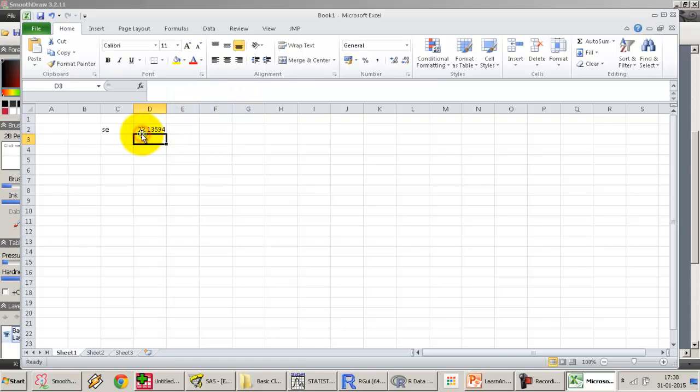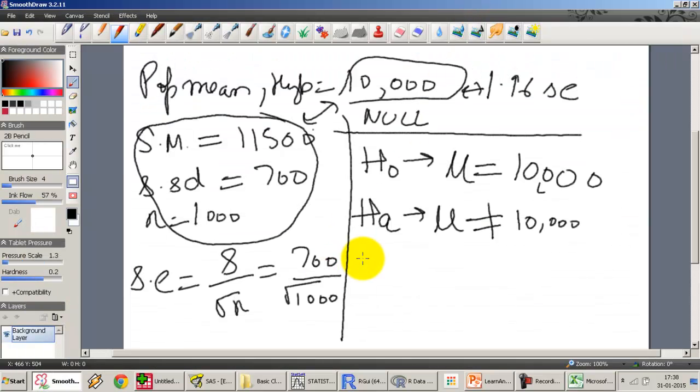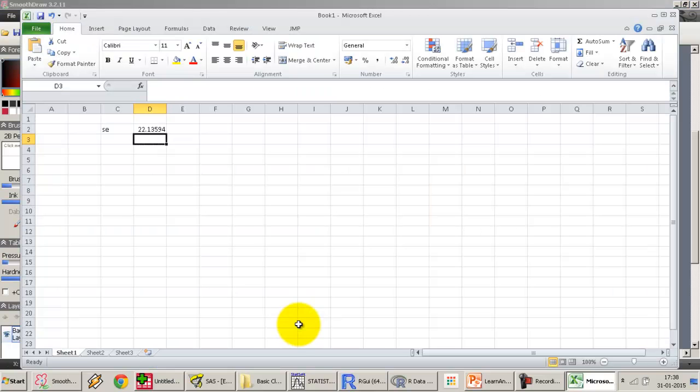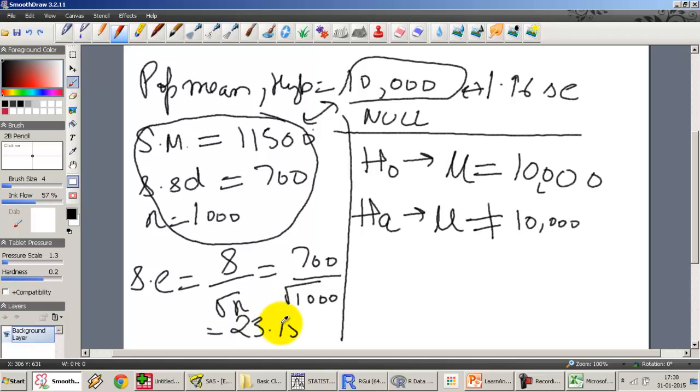So the standard error is going to be 700 divided by the square root of 1000, which is 23.1359, sorry, 23.13.